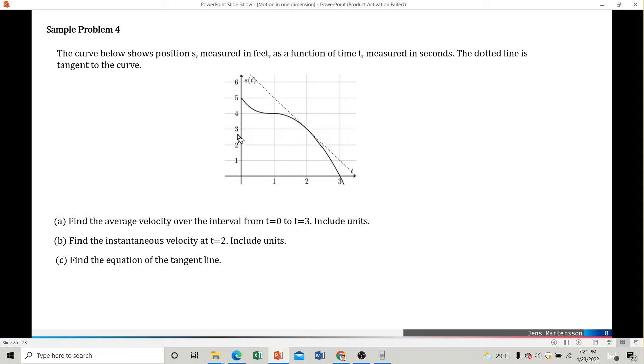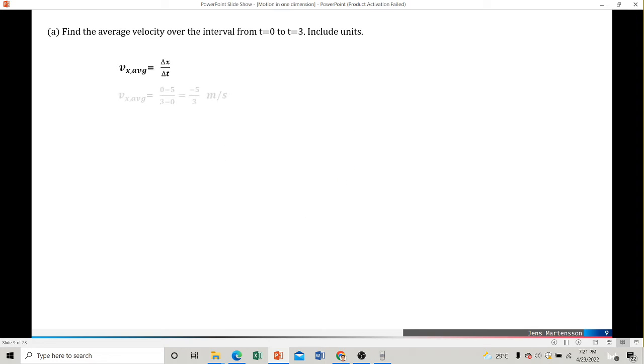1 meter, 2 meters, 3 meters, 4 meters, 5 meters. So at initial time 0, it is at 5 meters. At the final time equals 3 seconds, the final position is at 0 meters. So that's why we have 0 minus 5 over the t final minus the t initial.